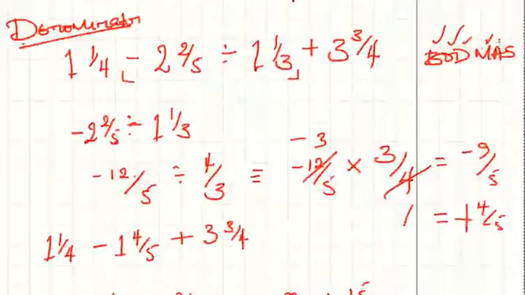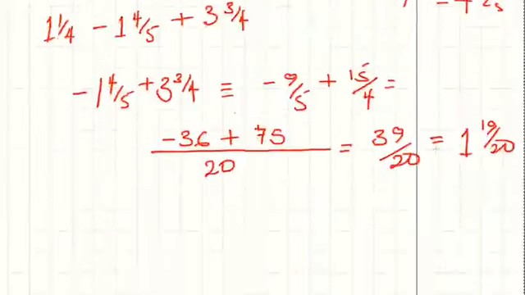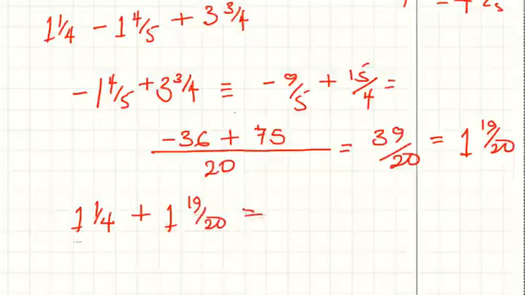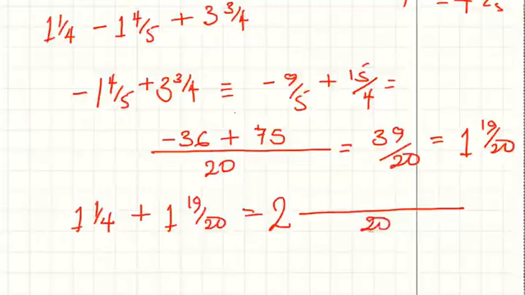Now we are moving to subtraction. So we'll have now 1 and 1/4. This one has become positive, so plus 1 and 19 over 20. This one is equal to 2, since you have added the whole numbers. LCM of 4 and 20 is 20. 20 divided by 4 is 5. 5 times 1 is 5.